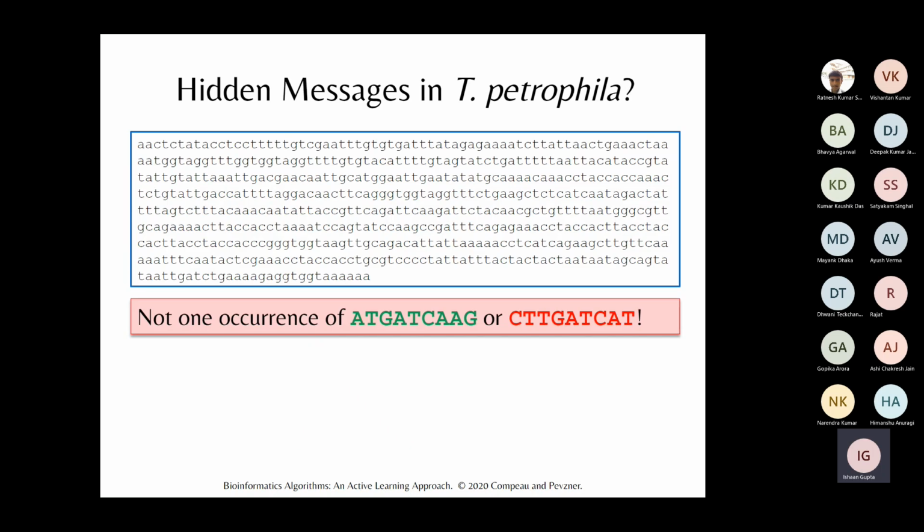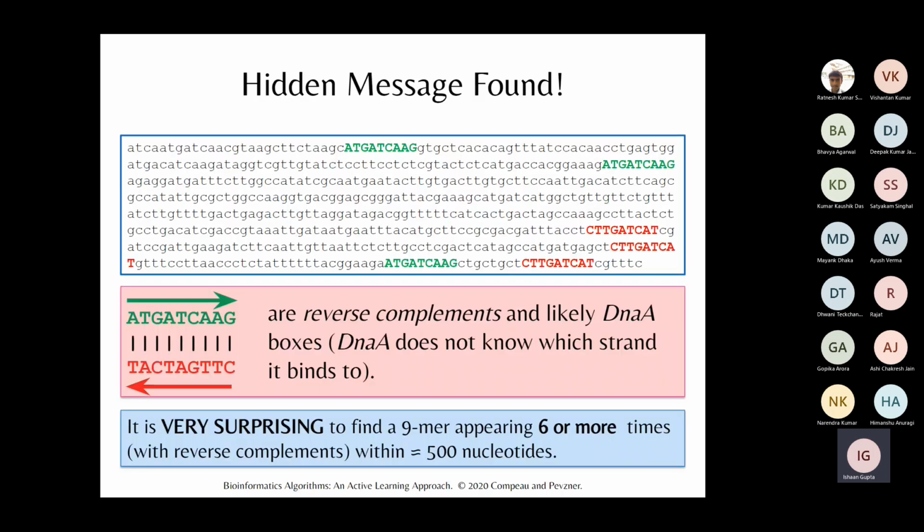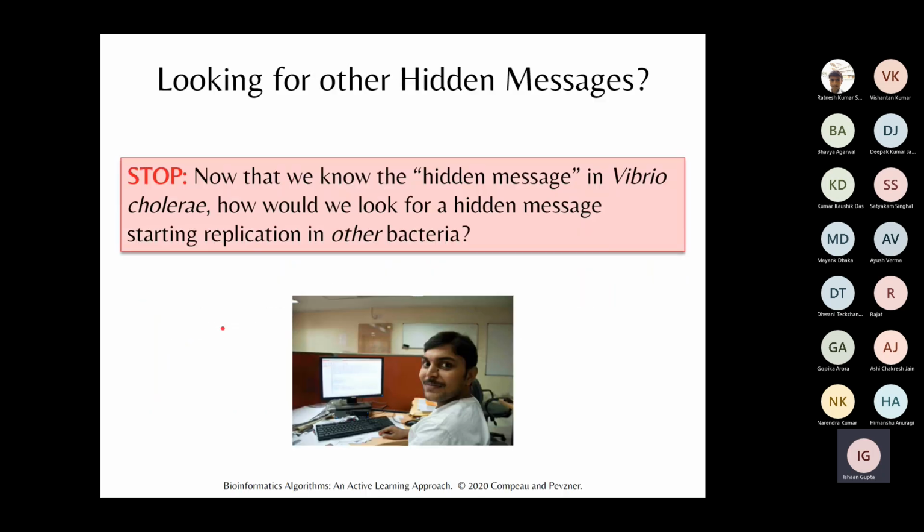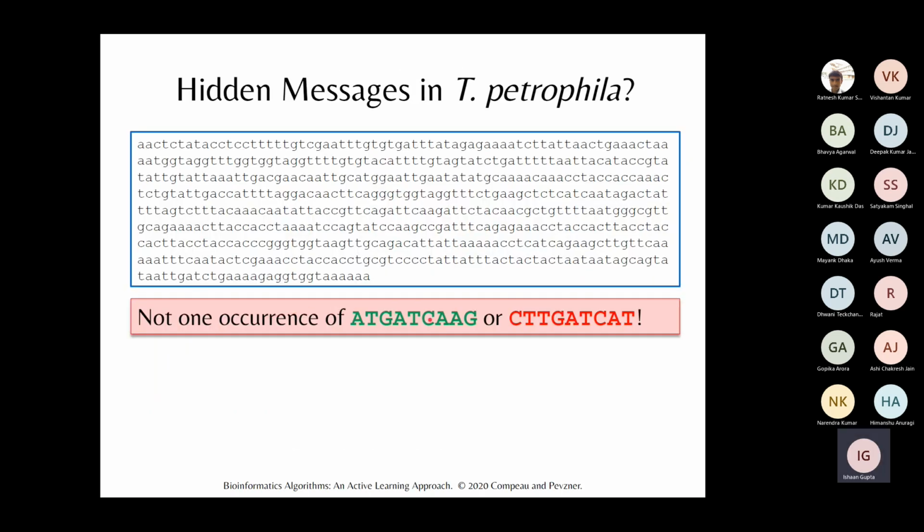If we go to another bacterium, Thermotoga petrophila, which is a bacteria that loves to grow in heat, an extremophile, what we find is that there are no particular occurrences of the DnaA boxes that we had found earlier, right? So these sequences, ATG, ATC, AAG, and their reverse complements are not found here. So does this mean that this does not have DNA binding sites?